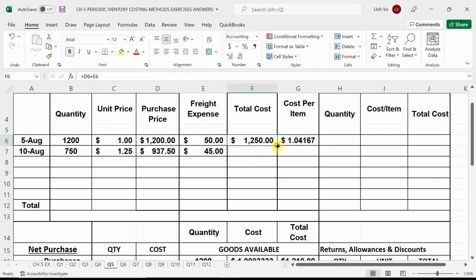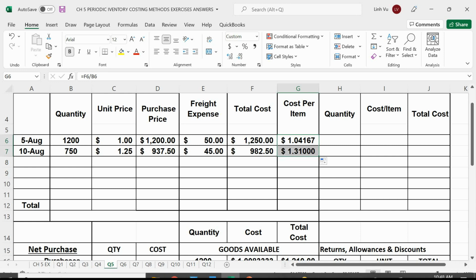What's my total cost? $982.50. Good. So in this case, what is going to be my cost per item here? $1.31 even.